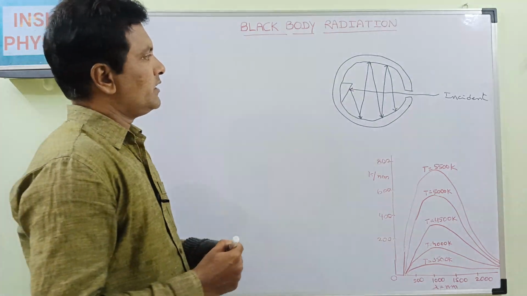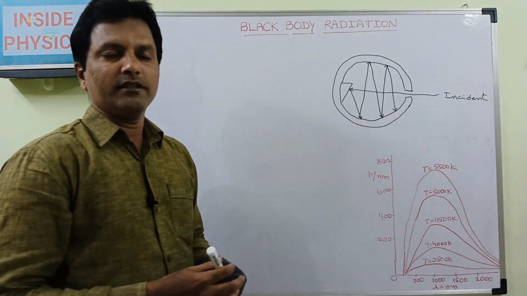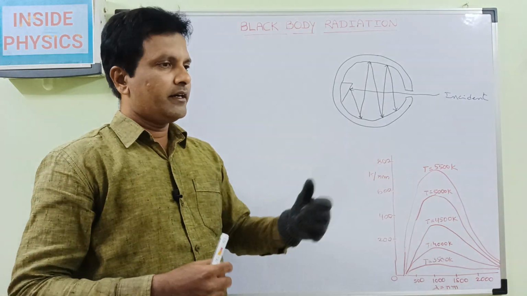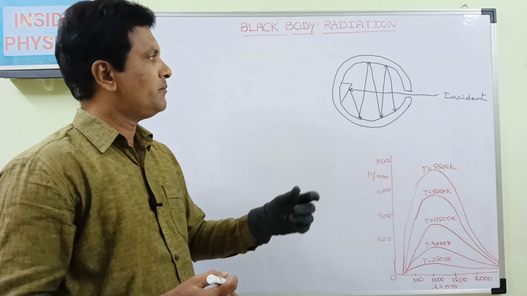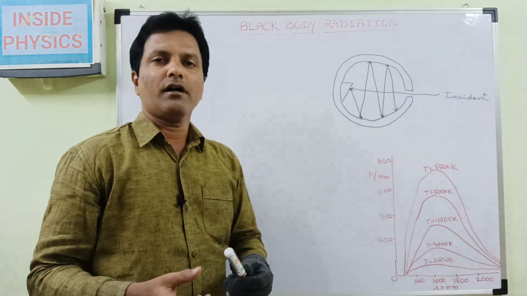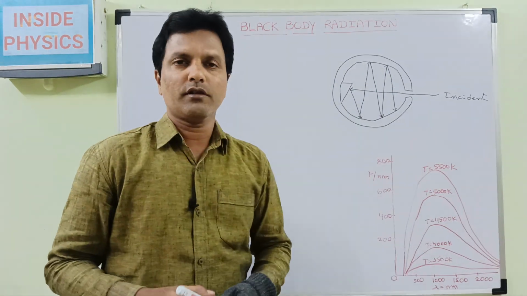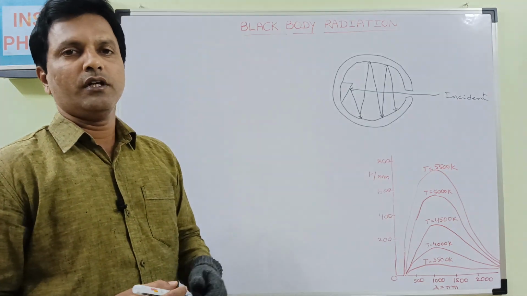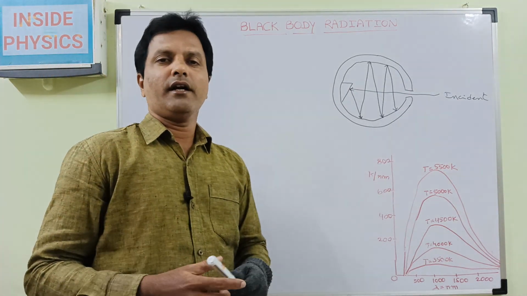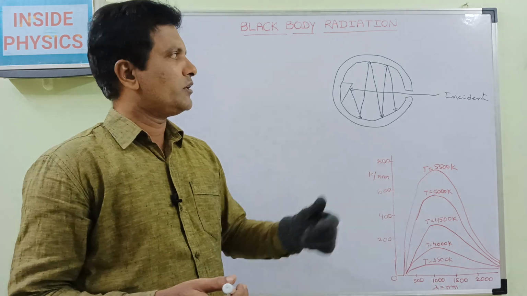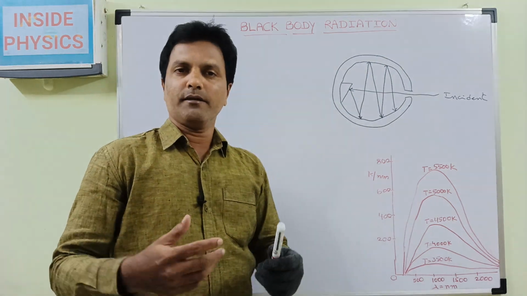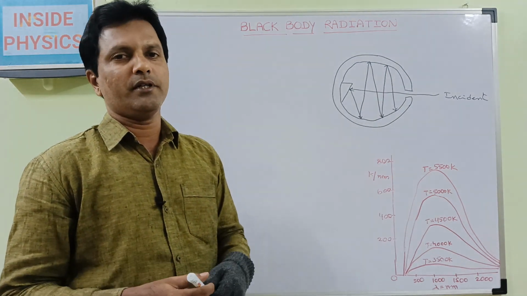If the cavity is heated, the radiation intensity will be given out by this sphere. That radiation will be coming out of the aperture. So a black body is a good absorber and also a good emitter.